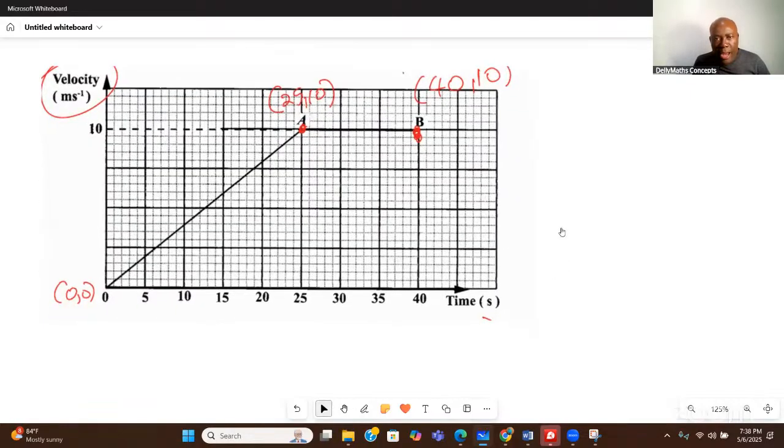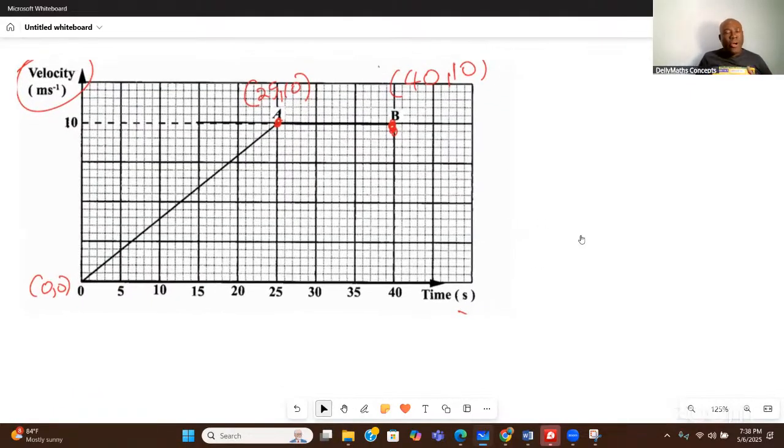Now, we're going to complete a table by looking at what took place here. Remember now, the slope was 2/5. What it means is you're going up 2 for every 5 across. For every 5 seconds, your velocity goes up 2. Rise over run.